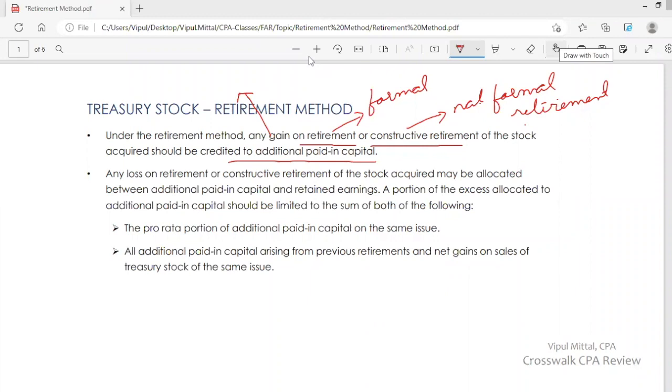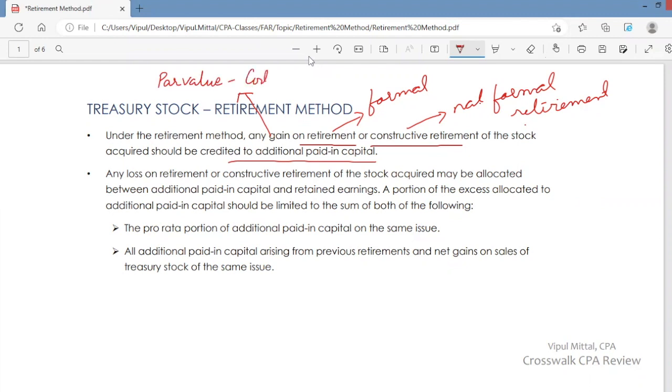This is the excess of par value over cost of shares, so par value minus cost. So if the par value is $10 and you have paid a lower price, $8, to buy shares of your common stock, then you have a gain of $2. And this should be credited to additional paid-in capital.